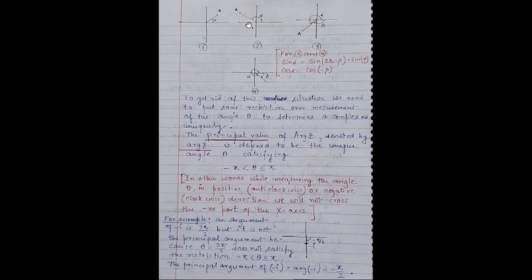It's going beyond this line. In other words, while measuring the angle in either direction, we will not cross the negative part of the x-axis. Wherever this A is, we take the measurement in such a way that we never cross it. Here, this measurement does not cross the negative part of the x-axis.